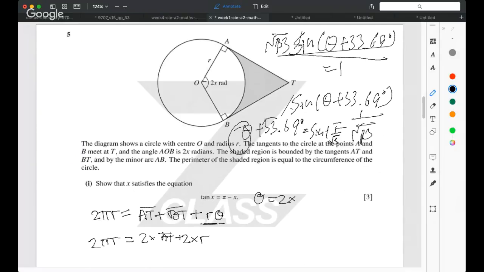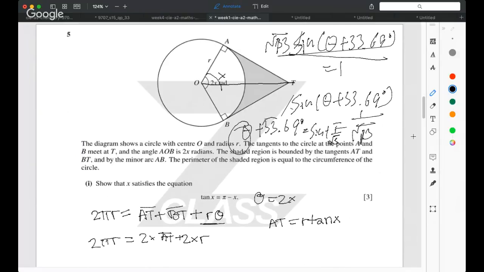Now, to find AT, this angle is equal to x, and this length AT equals x times r.